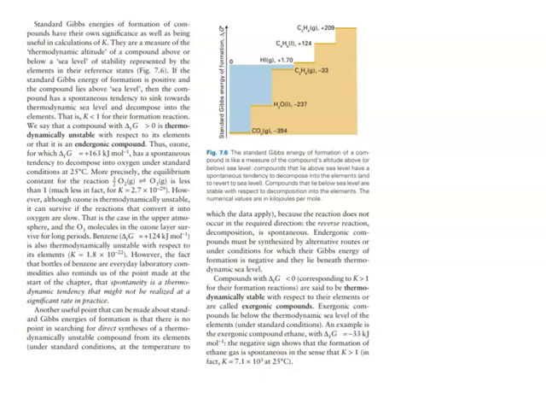We say that a compound with ΔG greater than 0 is thermodynamically unstable with respect to its elements, or that it is an endergonic compound. A good example is ozone, for which ΔfG is positive 163 kilojoules per mole, which has a spontaneous tendency to decompose into oxygen under standard conditions at 25 degrees Celsius.